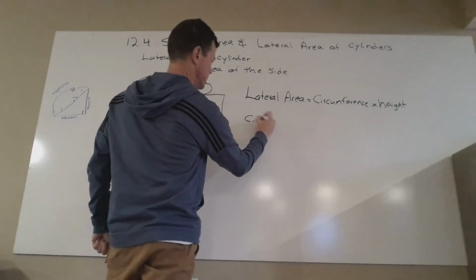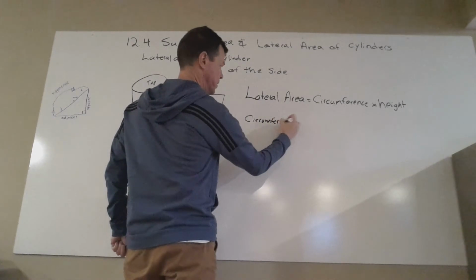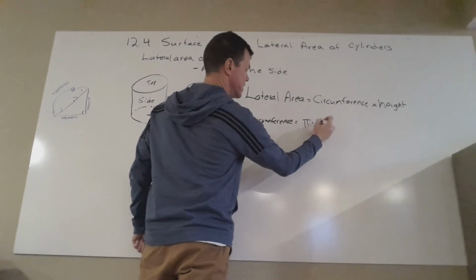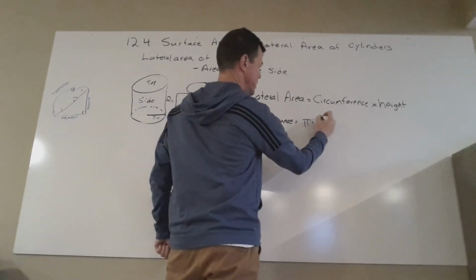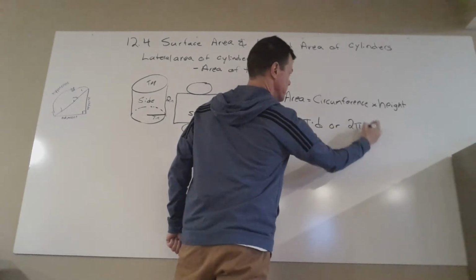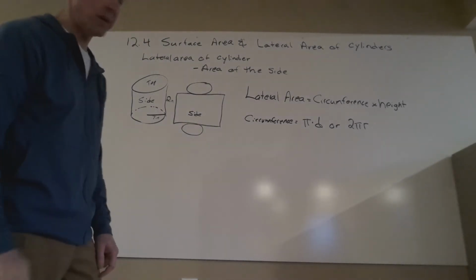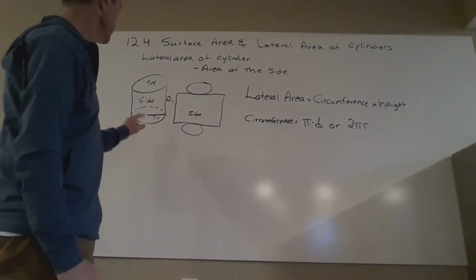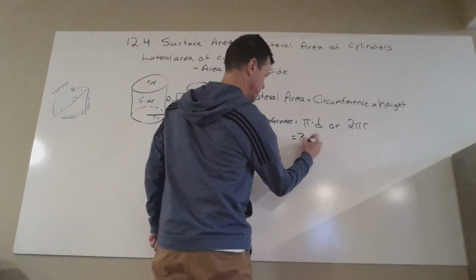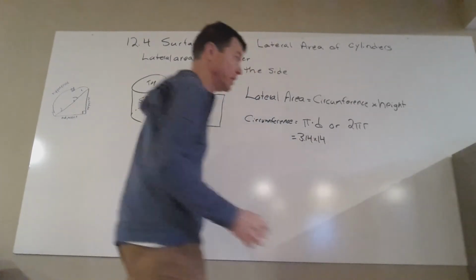So circumference is equal to pi times diameter, or 2 times pi times radius. Either one of those formulas you want to use, it doesn't make any difference, because 2 times the radius equals your diameter. So the diameter on this is going to be 14. So pi, we'll use 3.14 times 14.